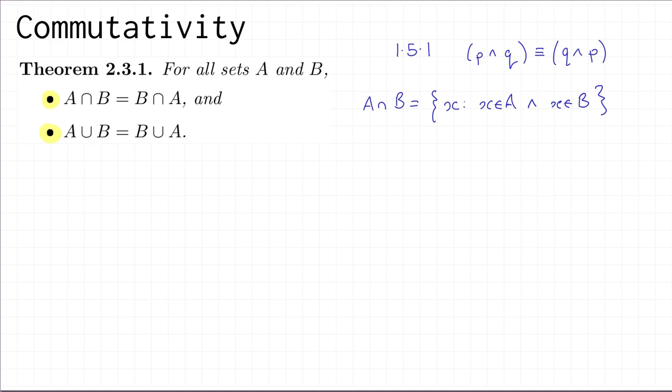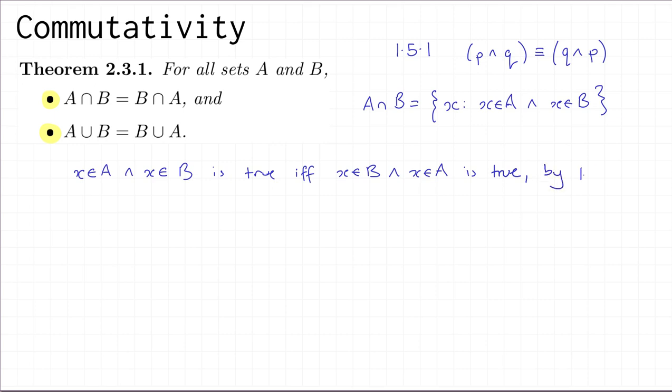So we have, because of this logical equivalence, that X in A and X in B is true if and only if X in B and X in A is true. And that's because of this logical equivalence.